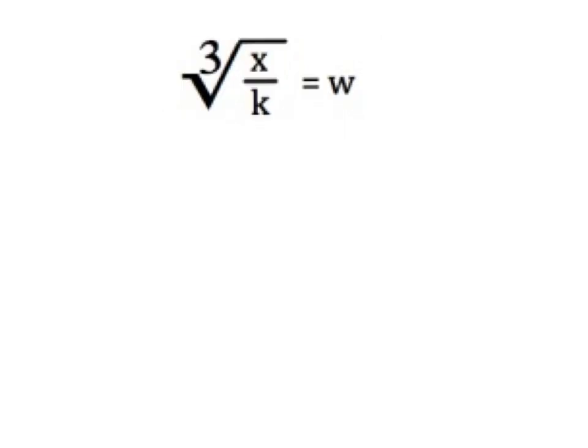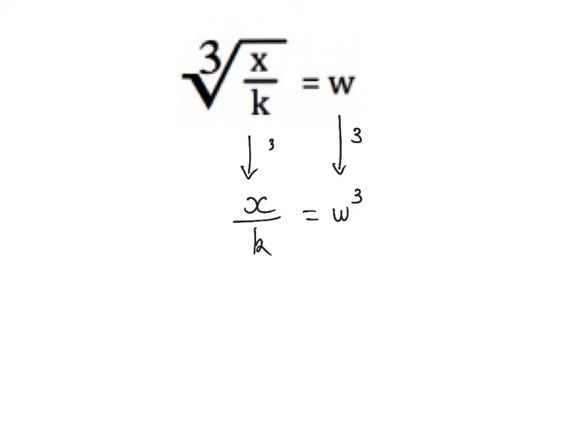And on to our final example. This time we have a root happening first, and the opposite of a root is to take it to a power of. So the first thing we are going to do is cube both sides, because we've got a cube root. If we had the square root, we would square both sides and so on. So this leaves me with x divided by k is equal to w cubed.